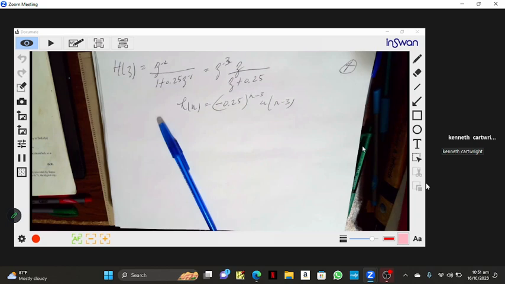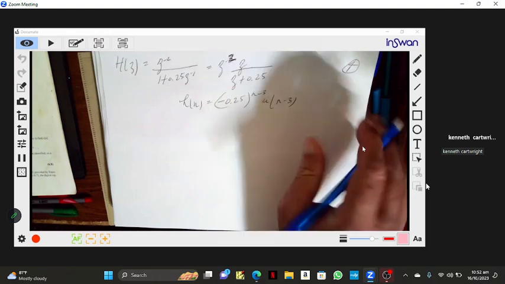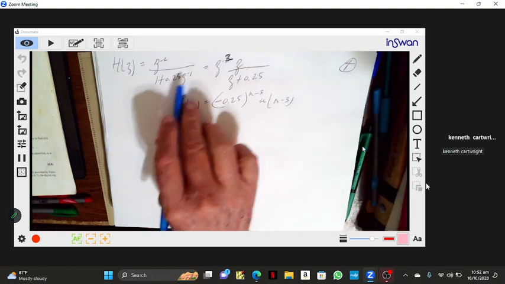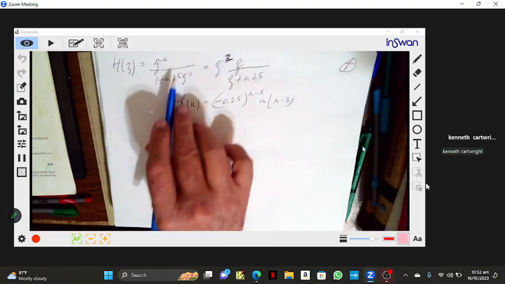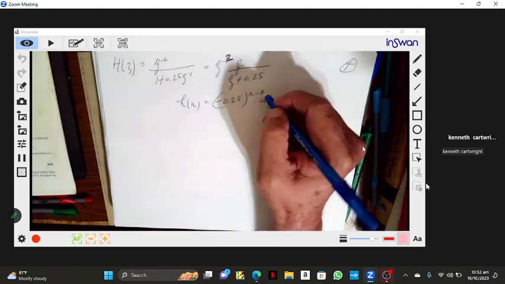Wait a second. No, you're right. You're right. Because I just multiply through by z. Z to the top, z here, and then that z to the negative 1 disappears. Okay, so n minus 2.